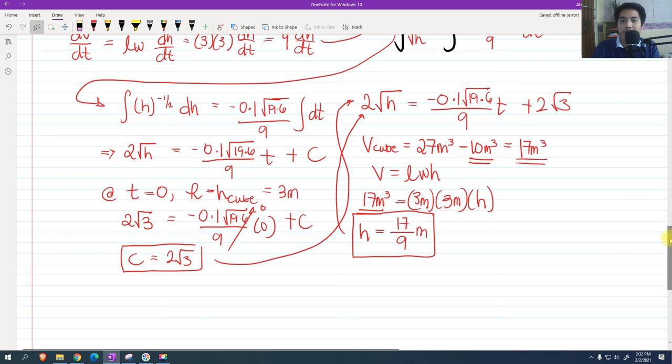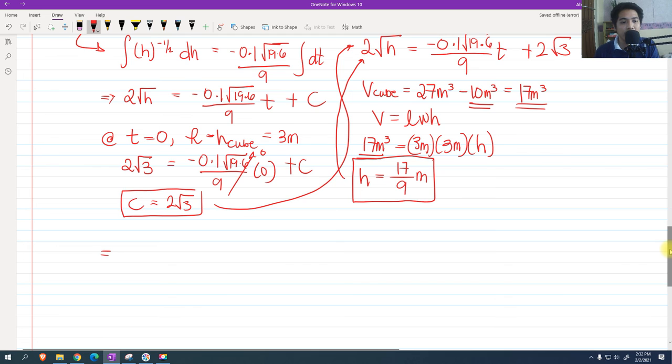So substituting it in our equation, we have 2 times the square root of 17 all over 9.